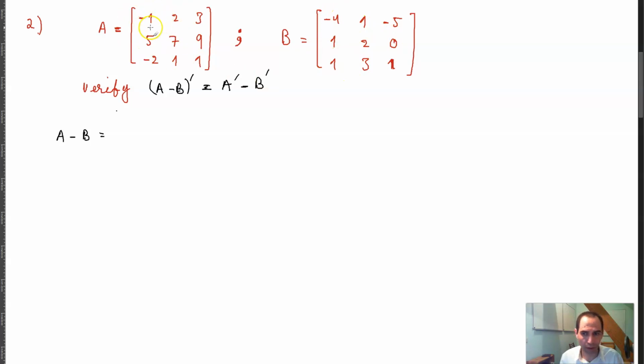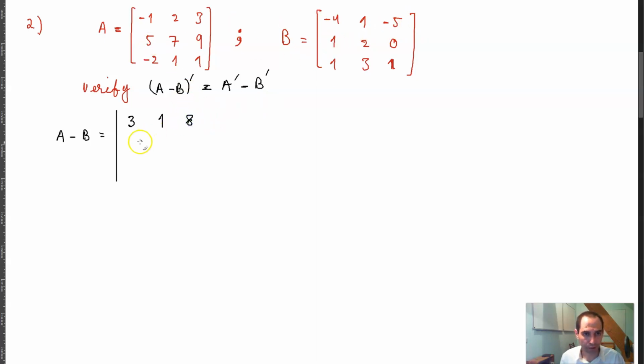But it would be reasonable for me to say that A minus B would be, for example, negative 1 minus negative 4, which is negative 1 plus 4. That would be 4 minus 1, which would be equal to 3. Or 2 minus 1 is equal to 1. Or 3 minus negative 5 is equal to 3 plus 5, which is equal to 8.